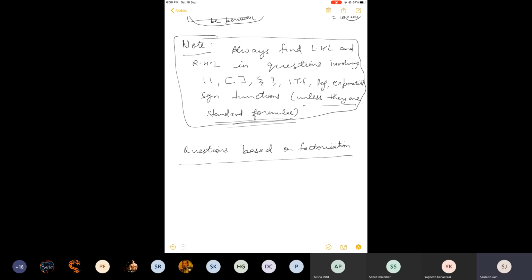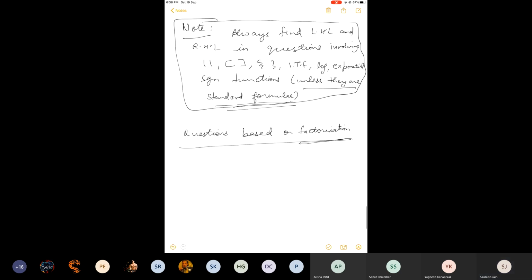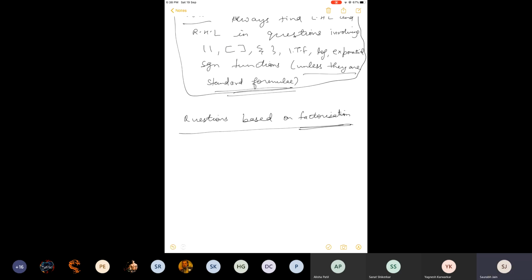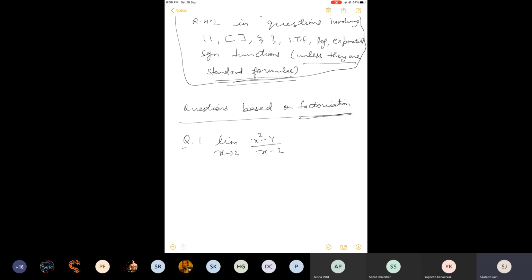As the name tells us, we have to factorize. And with factorization, we will cancel that term which is leading the whole question towards indeterminate form. In our example, I made the graph of this and told you the limit of this function is 4. Then I made a table. I solved this question yesterday by the LHL RHL method.